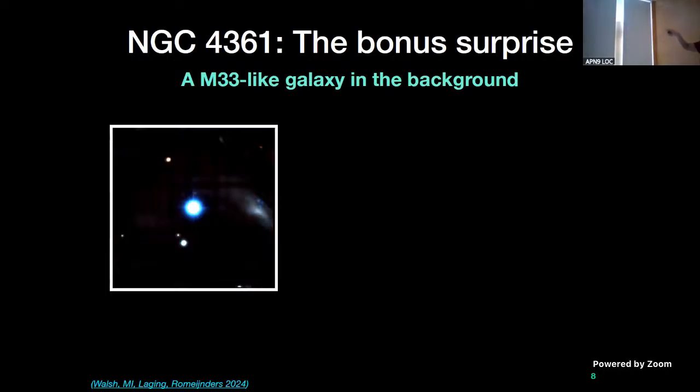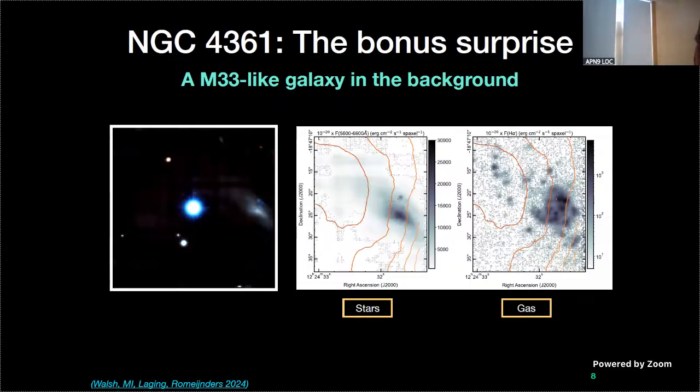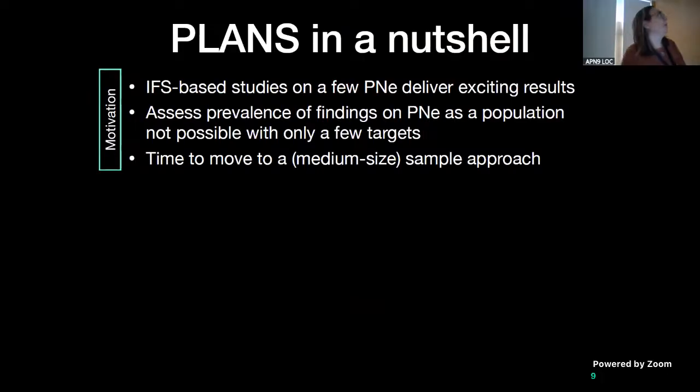Of course, you can model with care the nebular continuum, subtract that, and then you are left only with the continuum that corresponds to that background galaxy. So we were able to characterize more or less the galaxy. This is how it looks for the stars, and this is how it looks for the HII regions.